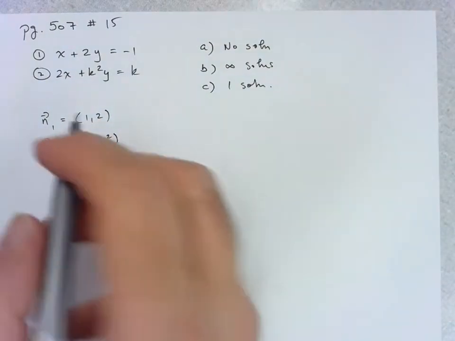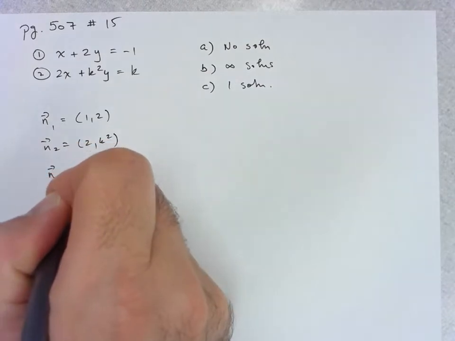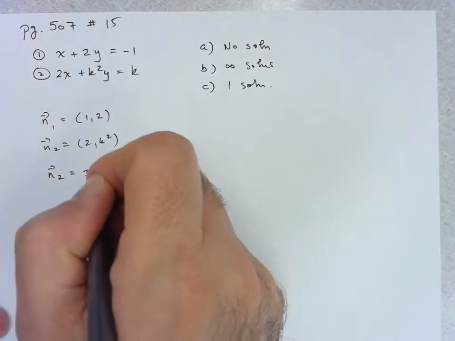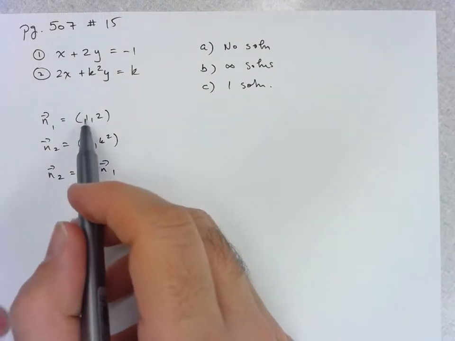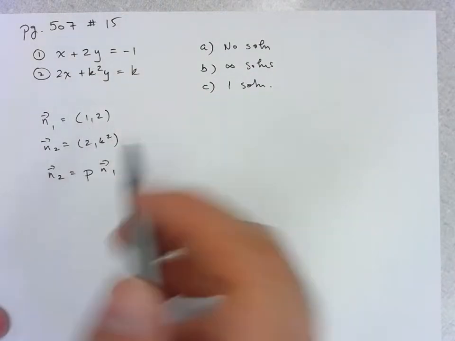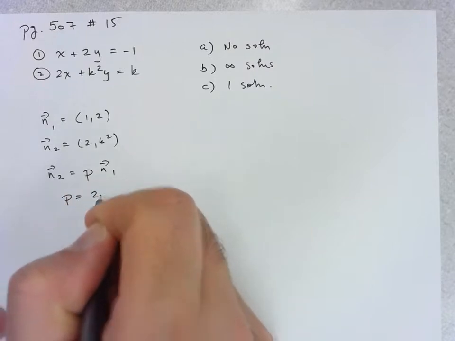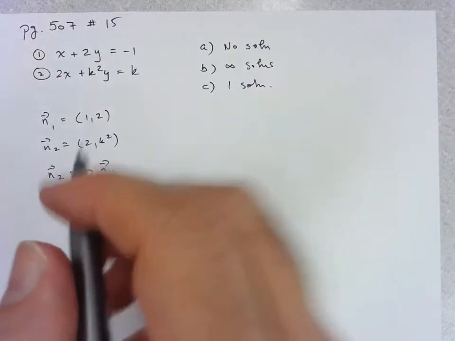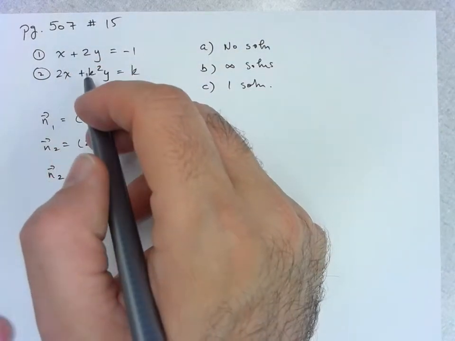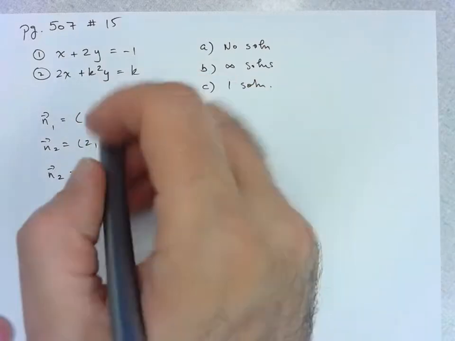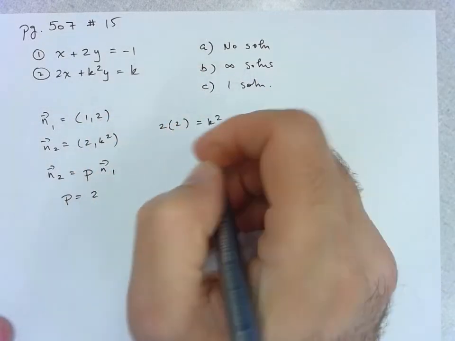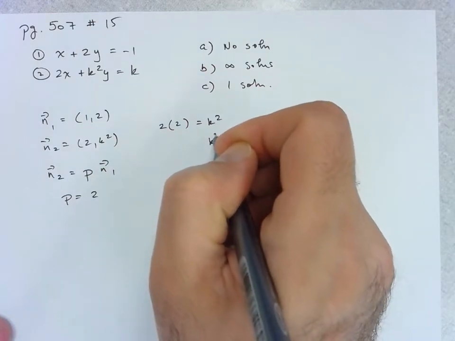So essentially here we need n2 to be equal to some multiple of n1. And it's very clear by looking at the x components that this multiple has to be equal to 2. So that means that 2 times 2 has to be equal to k squared, so k squared is equal to 4.